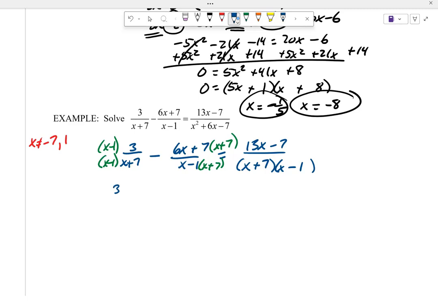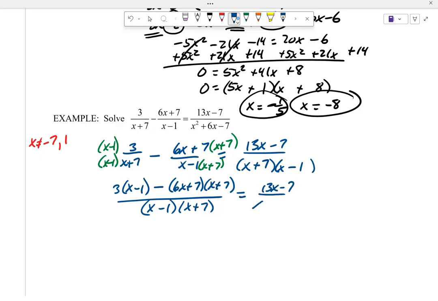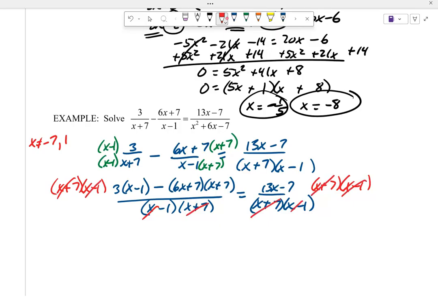And so we've got 3 times x minus 1 minus 6x plus 7 times x plus 7, all over that x minus 1, x plus 7, equals 13x minus 7 over x plus 7, x minus 1. Well, notice if we multiply both sides by x plus 7, x minus 1, we're just left with these numerators here.